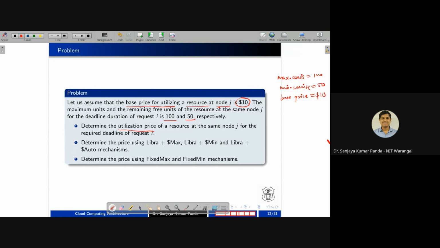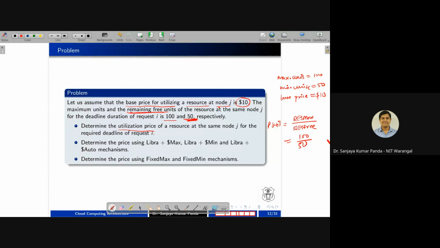How to calculate utilization price? I told you P utilization you can calculate based upon how many maximum resources there are. What is the total number of resources and how many resources are free? So here you can see we have 100 resources, but out of 100 resources, the free resources are 50, because the remaining free unit of resources is given as 50, and the rest 50 resources are occupied by some other user request.